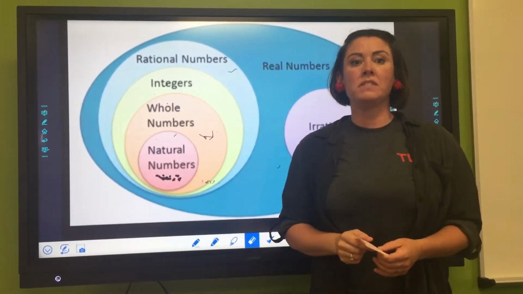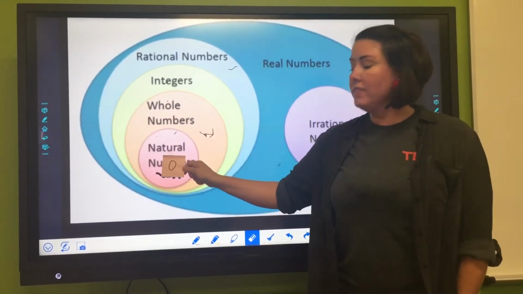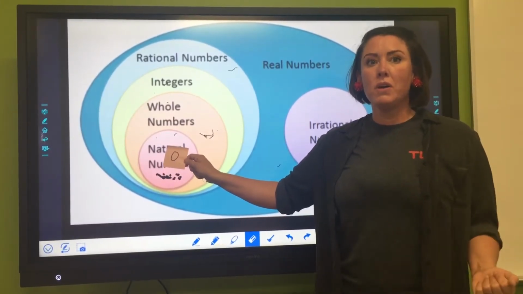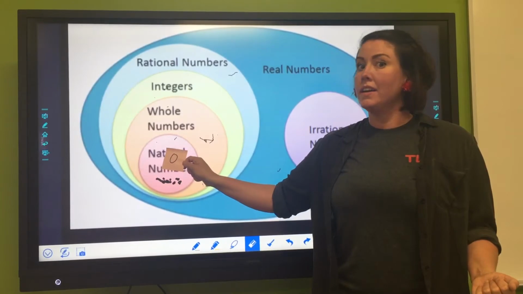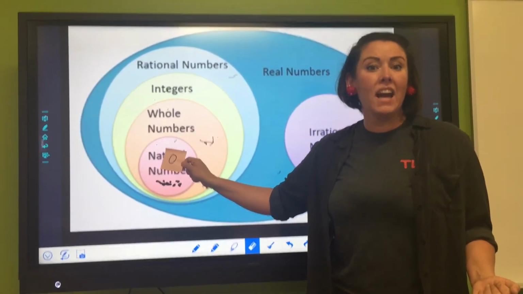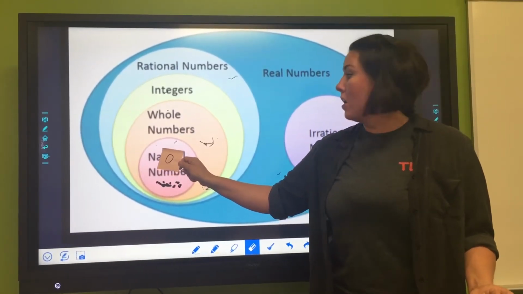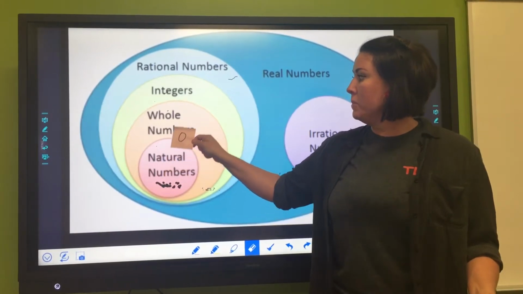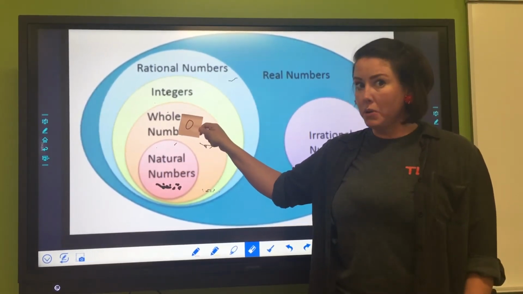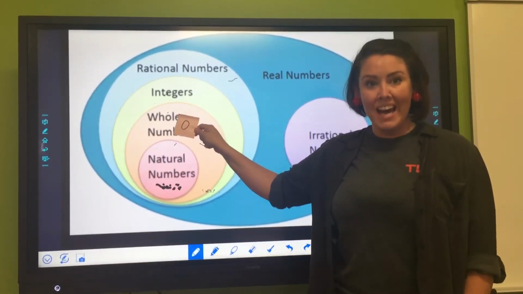So let's do some examples. We'll have 0 here. Is 0 a natural number? No, because I can't count 0 on my fingers. These are all the counting numbers. I'm going to move one category out. Is 0 a whole number? Yes.